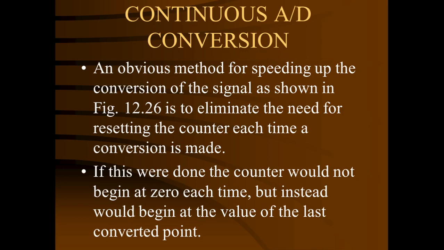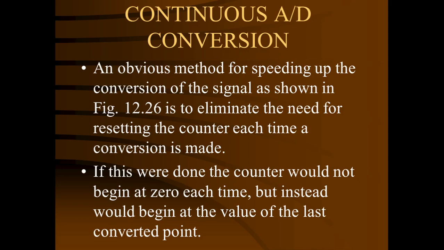To speed up this method, another type of A to D converter was developed, known as the continuous type A to D conversion. That is what we are going to study here. The counter we utilize in the D to A converter does not only count up, but can operate in both count up and count down directions. That means this counter need not be reset to the initial state 000.